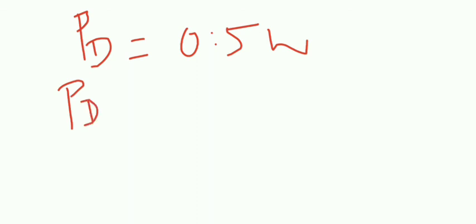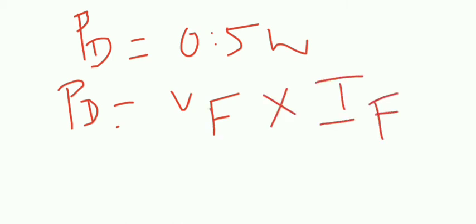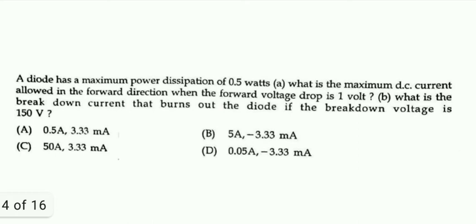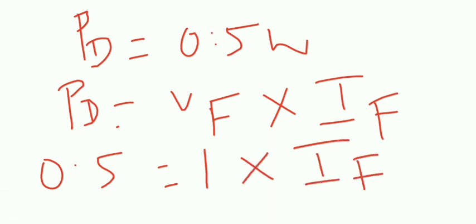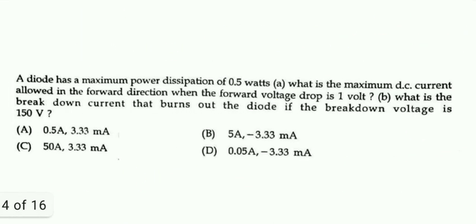So PD is equal to VF into IF. So PD is 0.5. VF, what is the VF value they have given? For a maximum forward voltage of 1 volt. So VF is 1 volt. This implies IF is 0.5 ampere. 0.5 ampere is available only in option A. So option A is the correct answer.